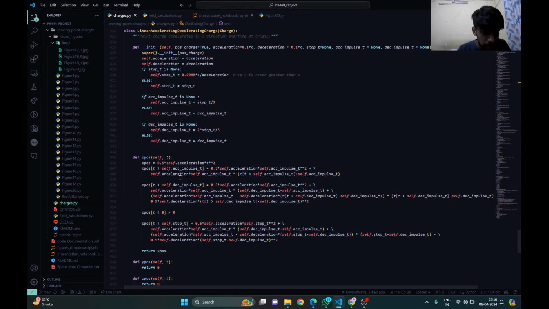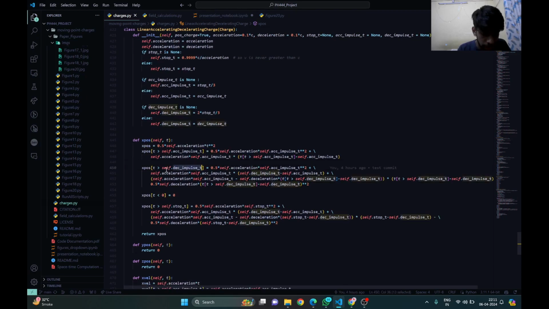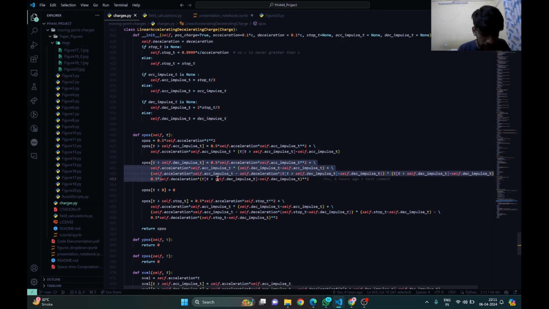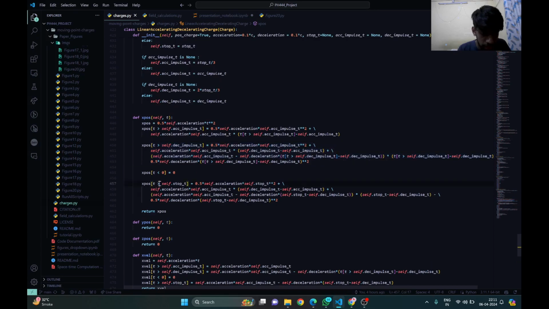So right now, what these are meant to do is that the first one is supposed to denote that the charge is accelerating from time 0 to infinity, while this one is overwriting it, telling that over this acceleration impulse time the charge starts to move at a constant velocity, and this one tells that over the deceleration impulse time the charge starts decelerating, and that over a certain given time the charge stops.